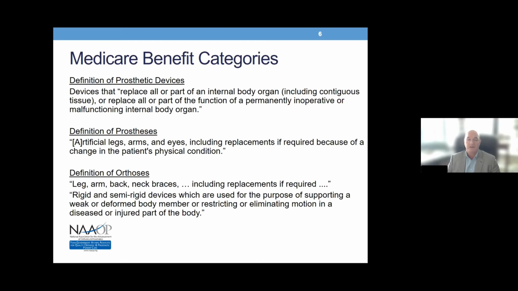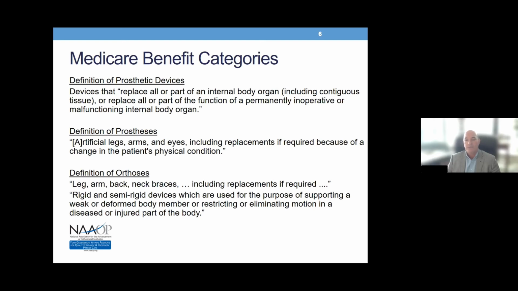Prostheses are defined under the Medicare statute under a different section. And specifically, they define in the statute coverage of artificial legs, arms, and eyes, including replacements if required because of a change in the patient's physical condition.